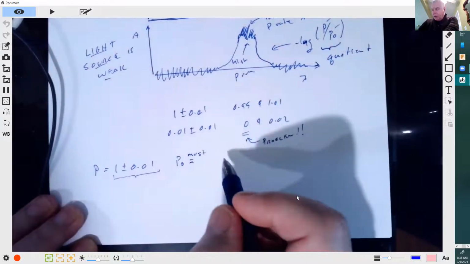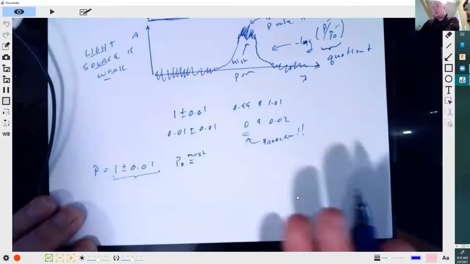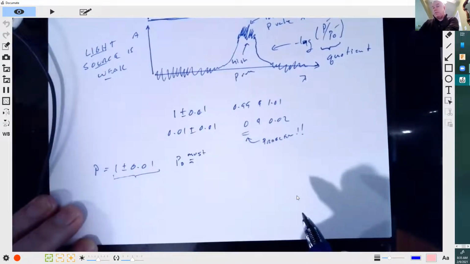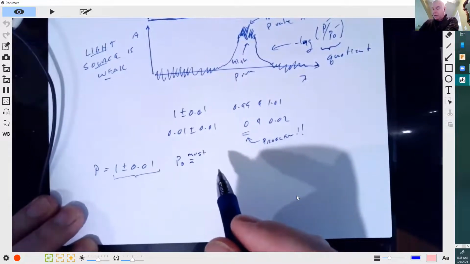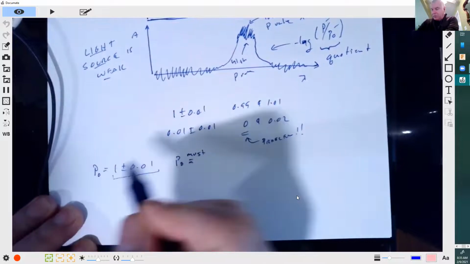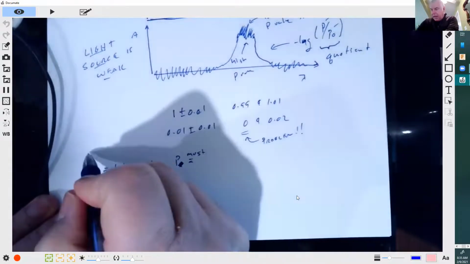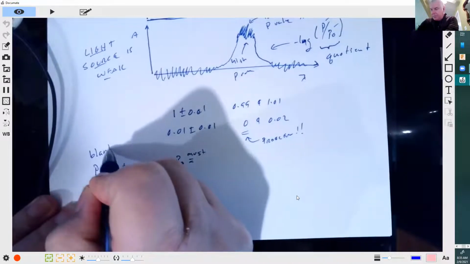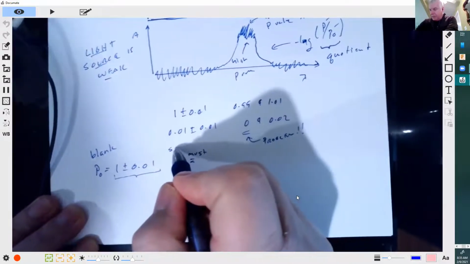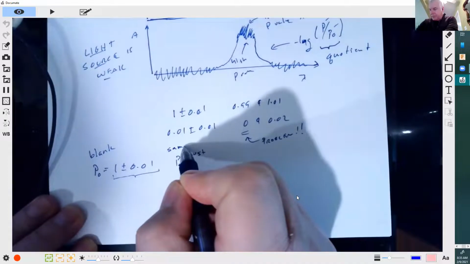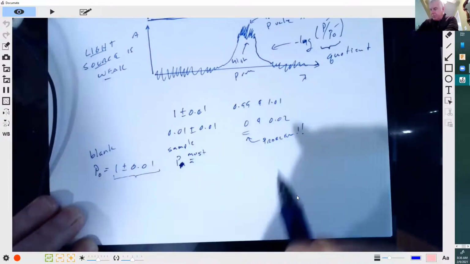So obviously P0 has to be greater than 0, right? I'm sorry, this is P0, and this is P. This is the blank, and this is the sample. Light power, right?